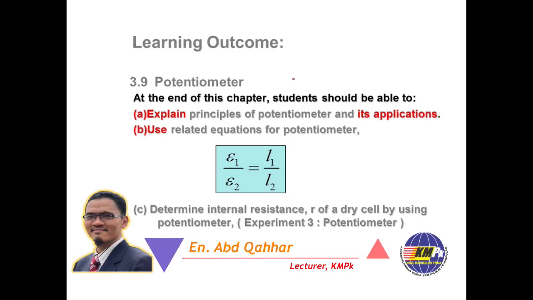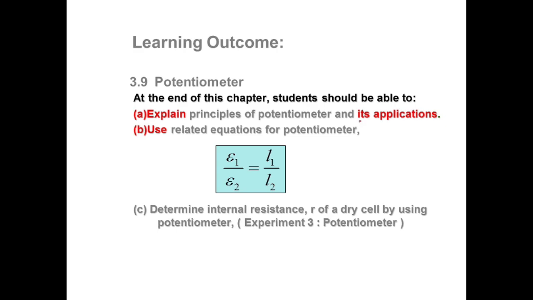In this topic, we will explain the principle of the potentiometer and its application, and we will use the related equation for the potentiometer. The last one will be covered in experiment 3, to determine the internal resistance r of a dry cell using a potentiometer.